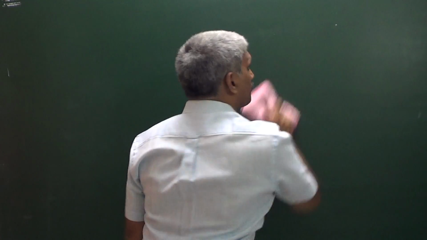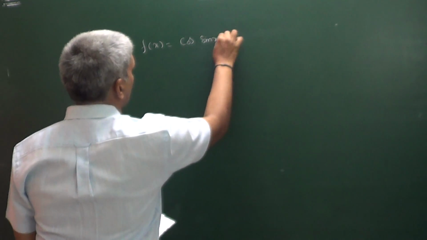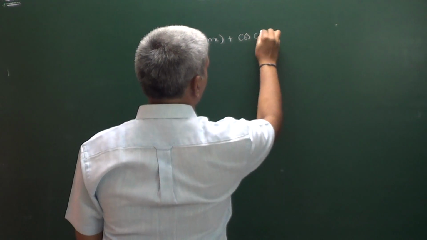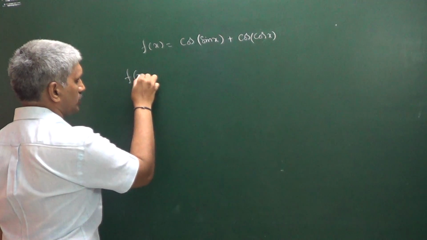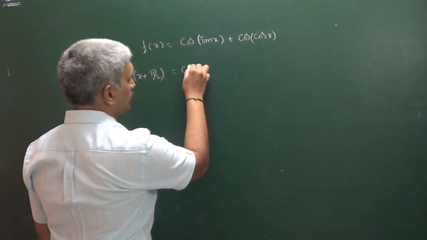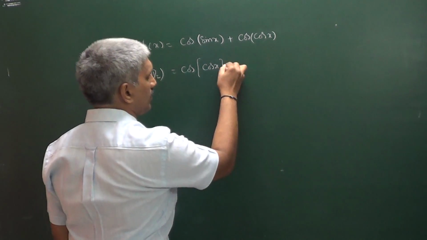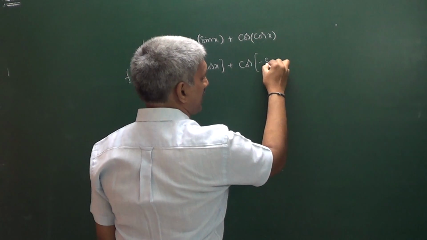So another question of the same model you can check. The question is given like this. f(x) is equal to cos(sin x) plus cos(cos x). That is f(x) given. Now find out the period of this function. Okay, I am checking with f(x + π/2). Now we can write this as cos of sin(90 + θ) is cos θ, plus cos of cos(90 + θ) is minus sin x.